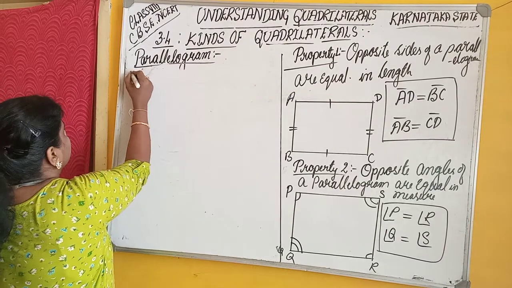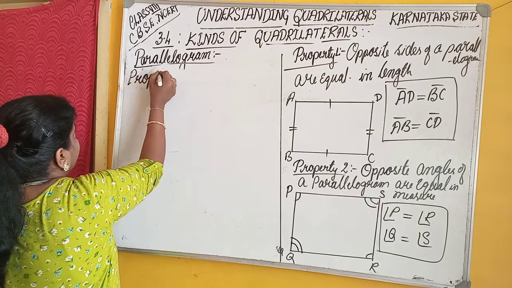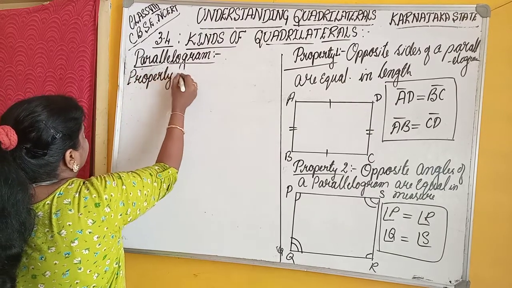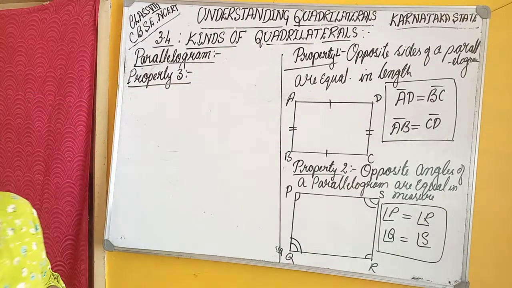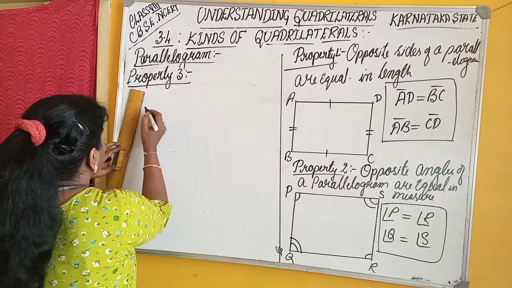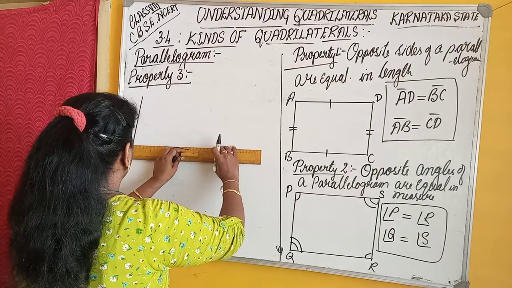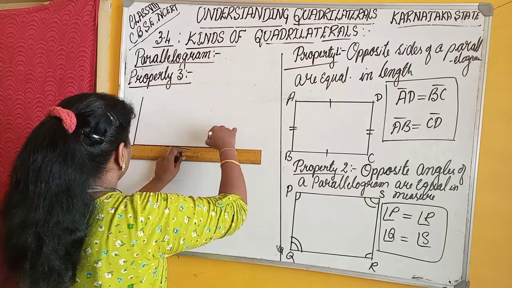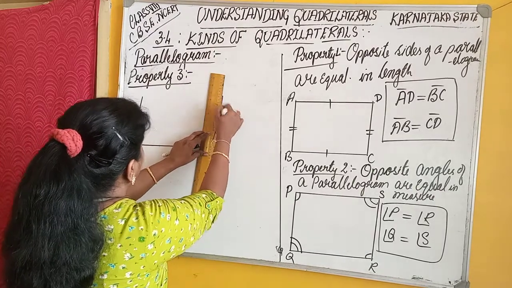Property 3. Consider a parallelogram like this. Okay, students, I'm drawing a parallelogram.